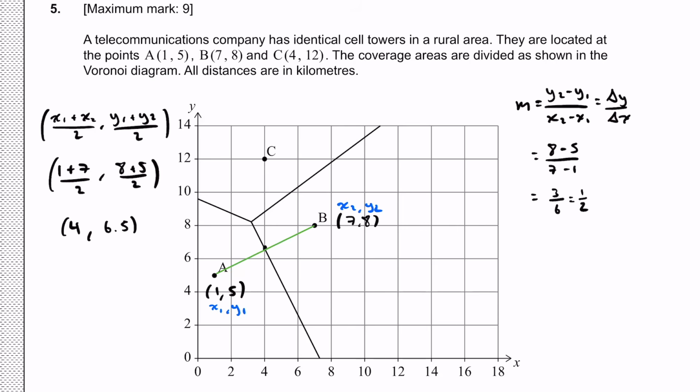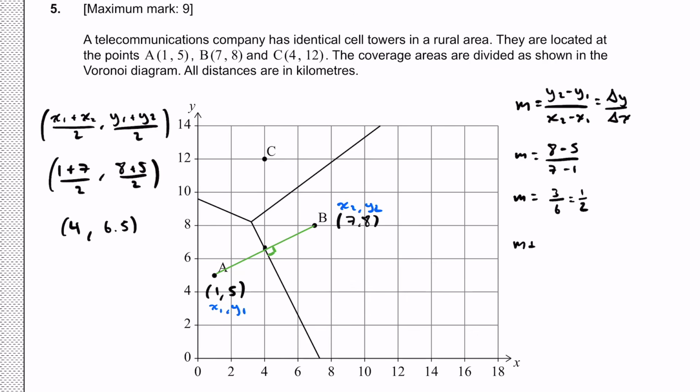Okay, so we have the slope of AB, but we're not entirely interested in finding the slope of AB, not directly. What we really want to find is this perpendicular bisector, and it's going to be perpendicular to this AB. So we know what m is. m is equal to 1/2.